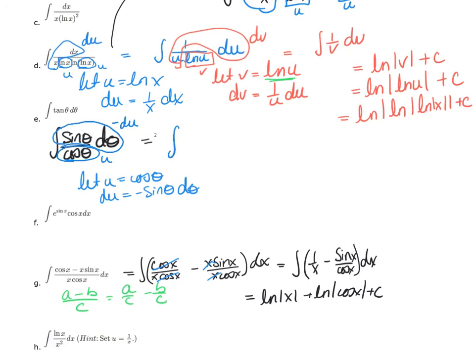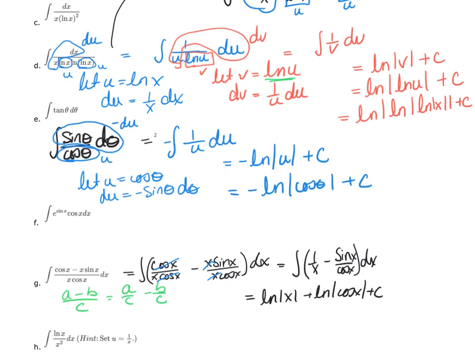And so this integral becomes a negative. I'm just going to pull a negative out. 1 over u du. And so when I do the antiderivative of 1 over u, this is simply going to be negative the natural log of the absolute value of u plus c, which is going to be the negative the natural log of u, which was cosine theta, plus c.